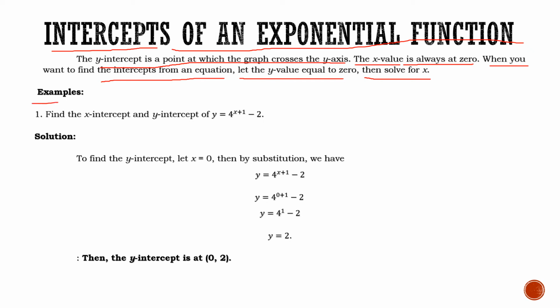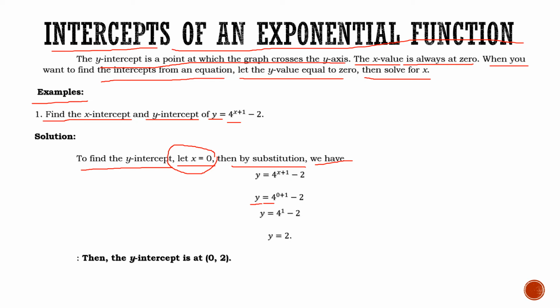Now, for examples. Example number 1: find the x-intercept and y-intercept of y equals 4 raised to x plus 1, minus 2. To find the y-intercept, let x equal 0. By substitution, we have y equals 4 raised to 0 plus 1, minus 2.